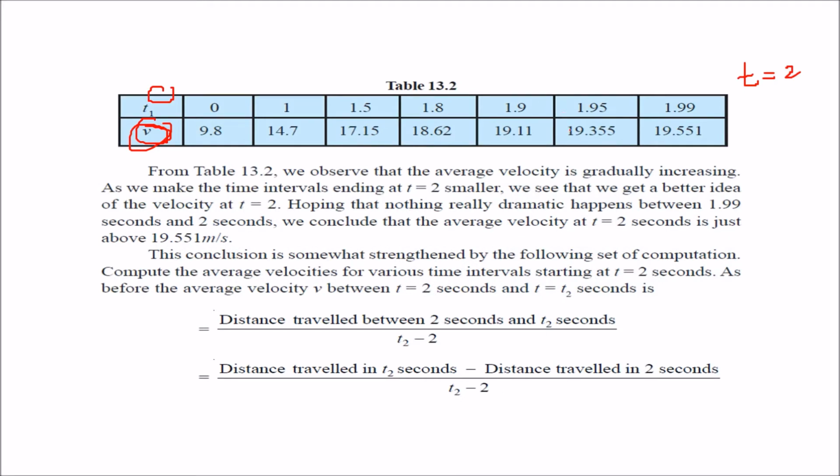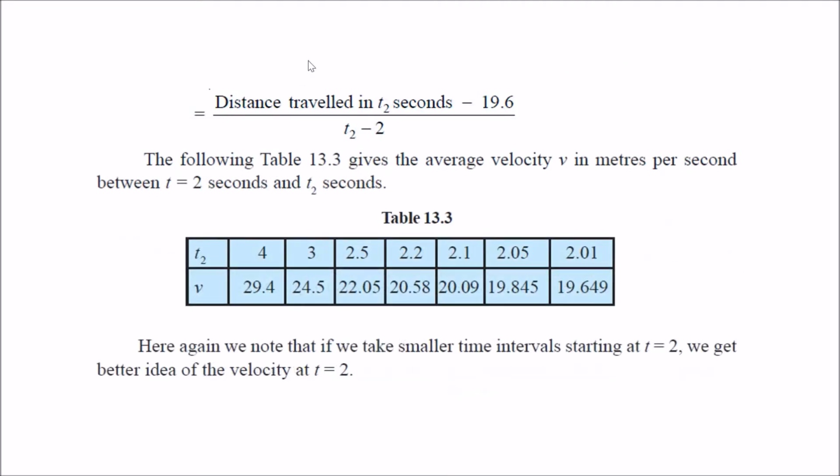Now what happens here is that when the time is varying from say 1.95 to 1.99, there is not much variation, but there is still some variation. But if I say 1.99 to 2, and I wish you to find out the value of v at t equal to 2, the velocity is not going to change much. That is, there will be no dramatic change. This is what we are talking about.